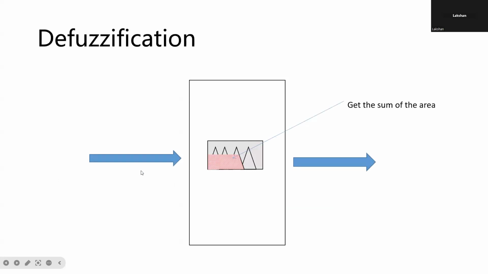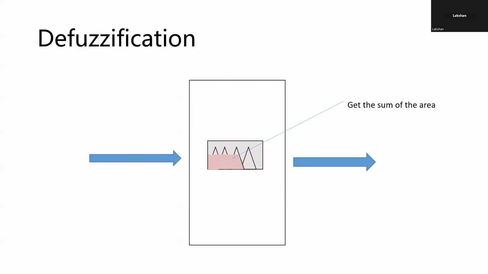Then using these rules, you have to get another set of simple fuzzy logics, and you have to get the sum of that area. It is not that complex a calculation.